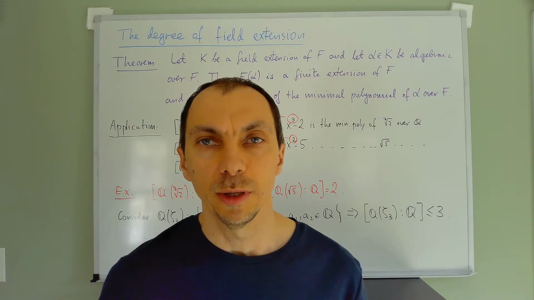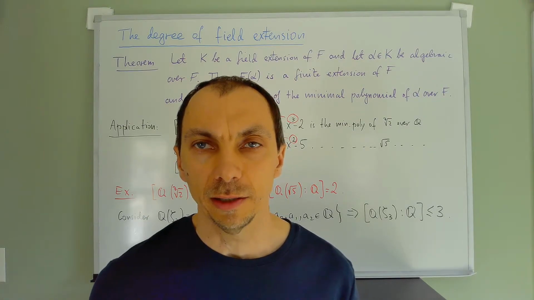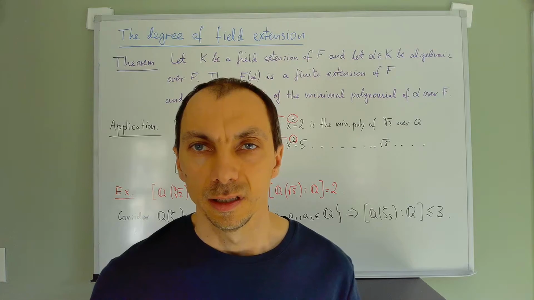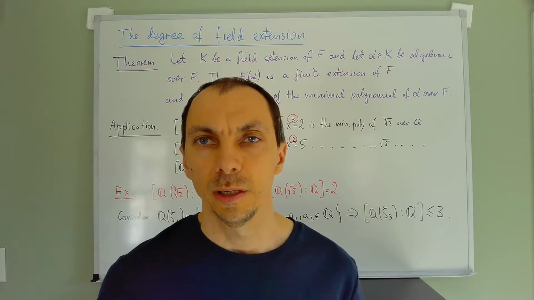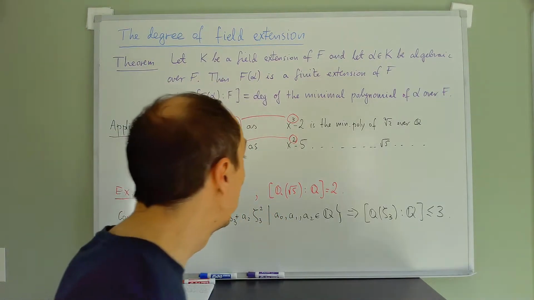However, that is not the minimal polynomial because it's not irreducible over Q. In fact, when you go back to this video, you'll see that the minimal polynomial of the cube root of unity, zeta 3, which is cosine 2 pi over 3 plus i sine 2 pi over 3, over Q is x squared plus x plus 1.